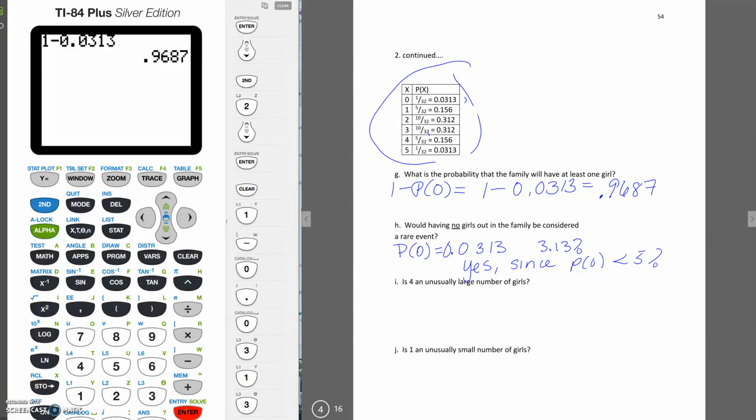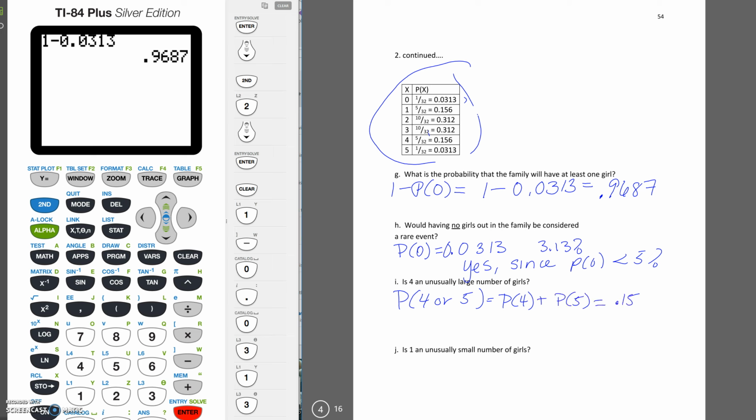Okay, the next two are a little different. Question I says, is 4 an unusually large number of girls? Here we're actually going to look at the probability of 4 or 5, since having 5 girls would include having 4 girls. So we'd add the probability of 4 plus the probability of 5.